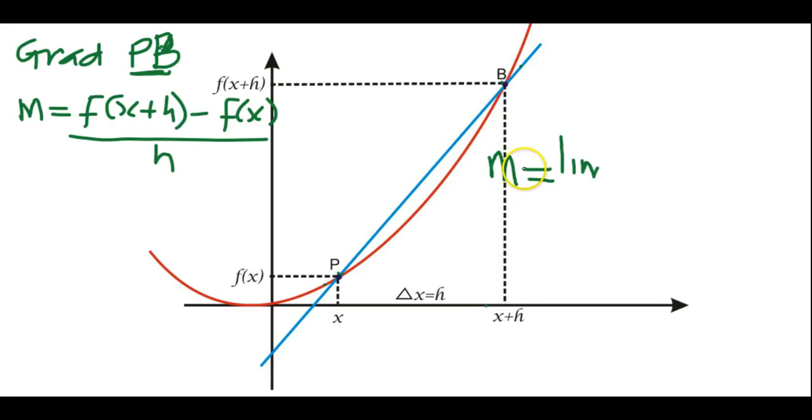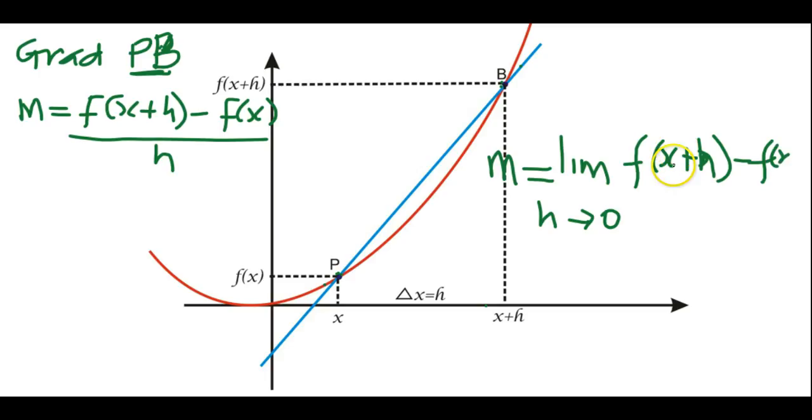The limit as h is approaching 0, that means when P is going to B, h will be approaching 0, then the gradient of f of x will be this. Our gradient is now going to be this. It means the gradient was originally supposed to be this one.